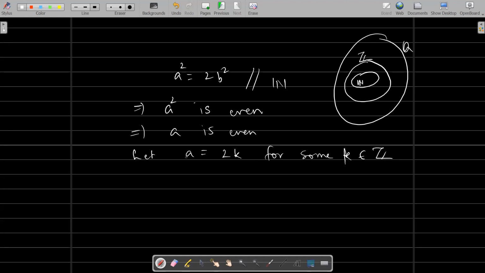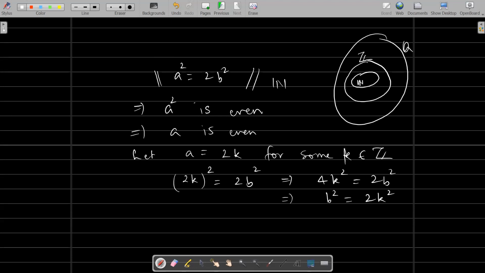So I put this value of a in this equation and I get (2k) square equal to 2b square, which implies 4k square is equal to 2b square. Then divide both sides by 2. I'll cancel out 2 from both sides and flip. So b square is 2k square, right?